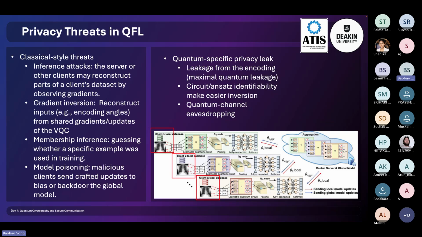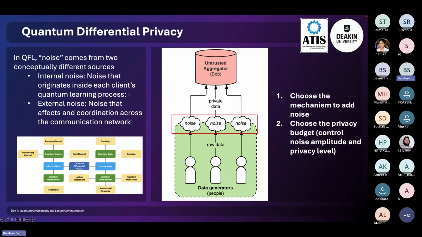The next is that circuit identifiability makes evasion easier. Some research has shown that a symmetrical quantum circuit can create a higher risk of model evasion. And the last is eavesdropping, which is the same case as shown in the previous slides.